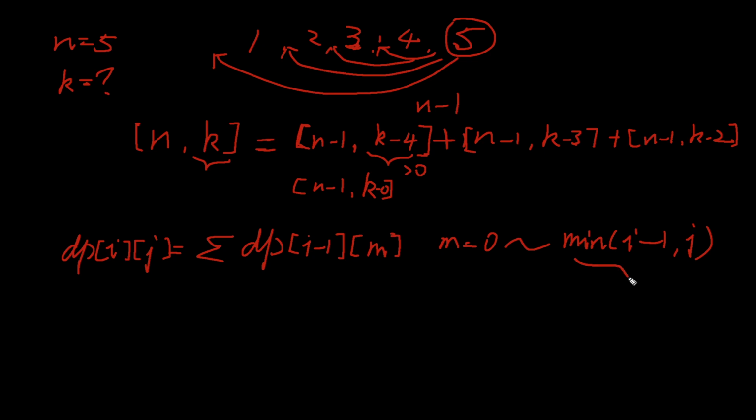So we have these two, like I said. First, we cannot make more than i inverse pairs using the current i here, and also we cannot make this one negative, right?